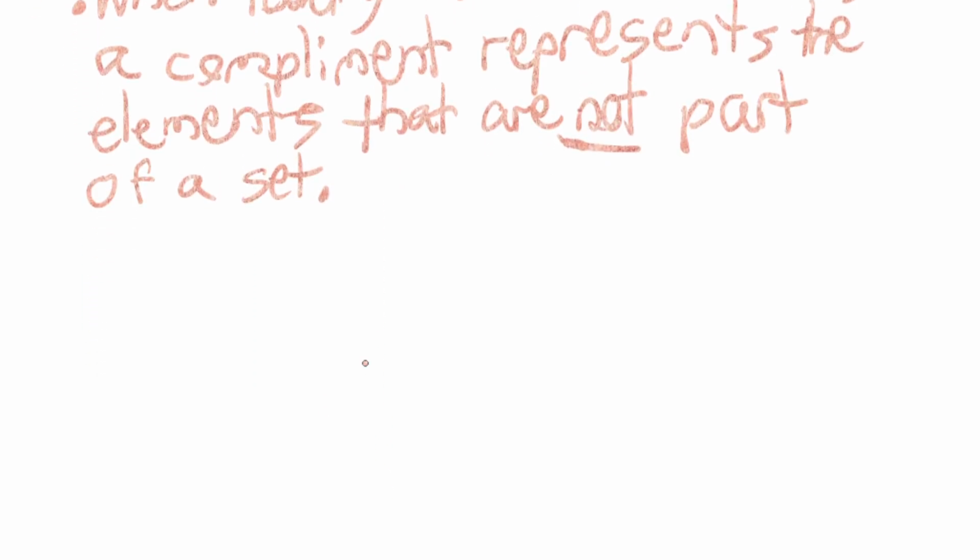So the notation will be a line over some element, or you may see a superscript of C. So an example.